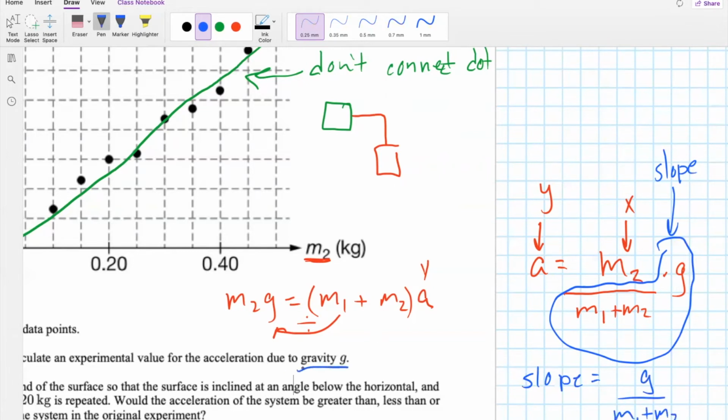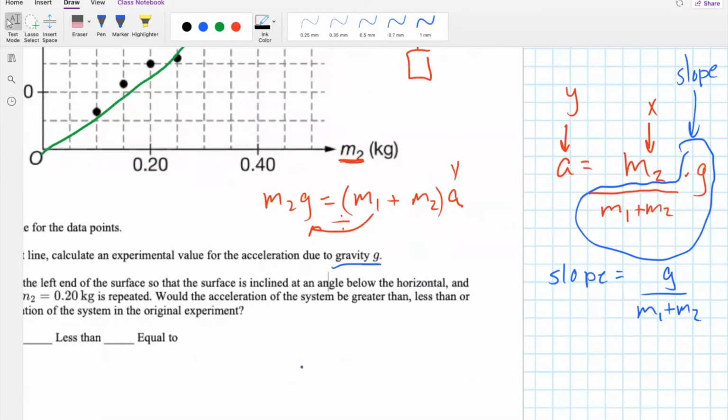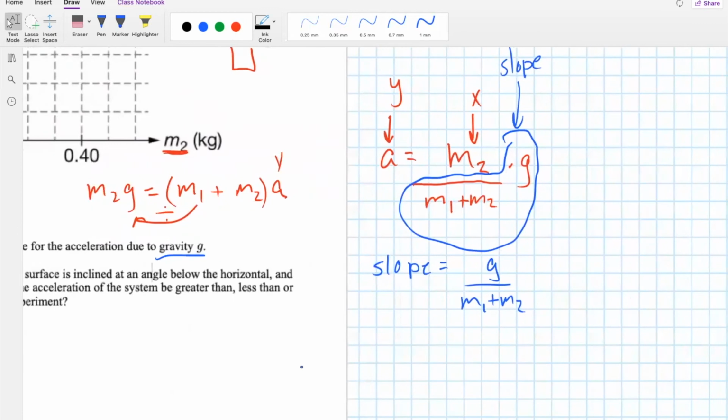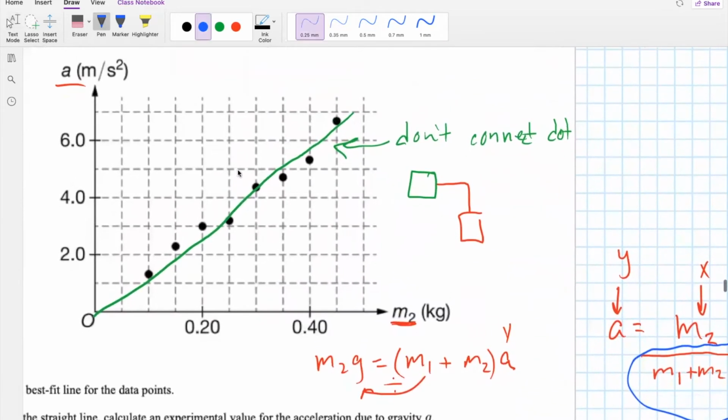We are tasked with calculating the value for G by using the slope of the straight line. And here the slope is part of this information. So at the end, M1 plus M2 times the slope equals G. Let's go ahead and find out what that slope is.